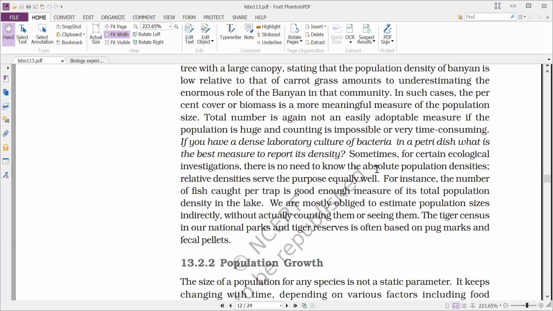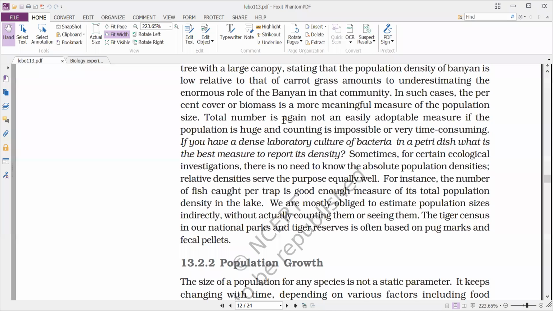For example, here it is given. One time a fisherman went catching fish in an ocean or a sea.